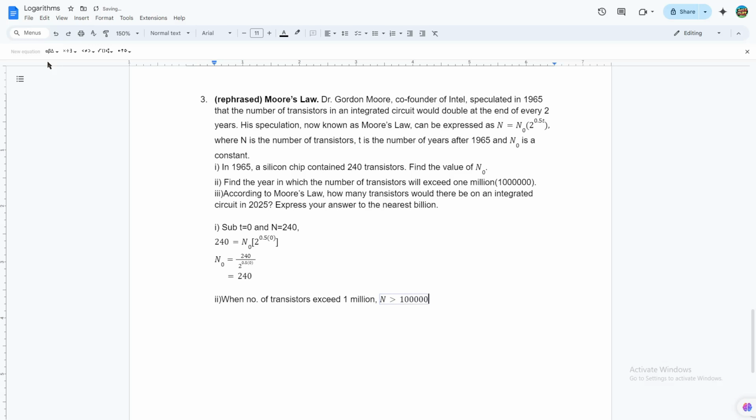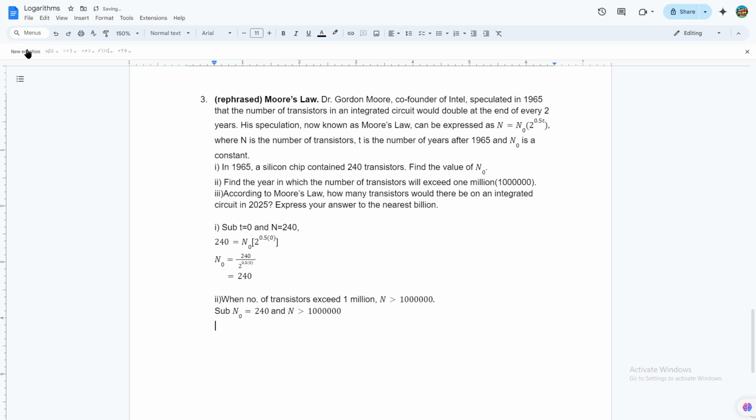Sub n0 equals 240, and n is greater than 1 million.